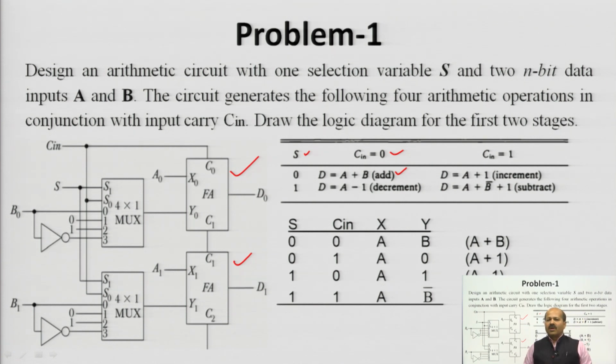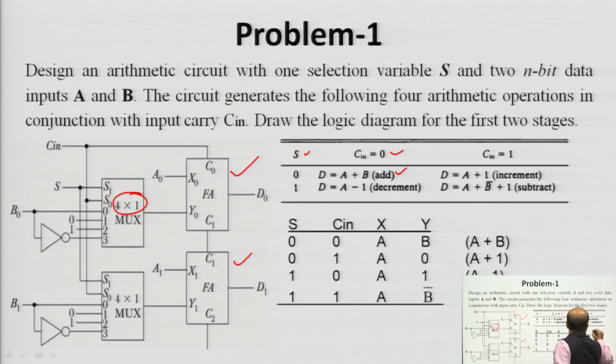This particular concept was discussed earlier in the lecture. So, how to design the circuit for performing these operations. Now, there are four combinations of different operations. So, one operation has to be selected. So, what will be the size of the multiplexer? The size of the multiplexer will be 4 cross 1.